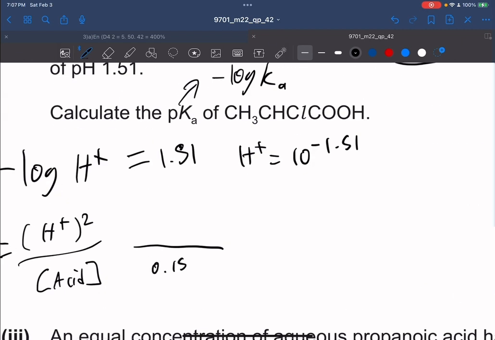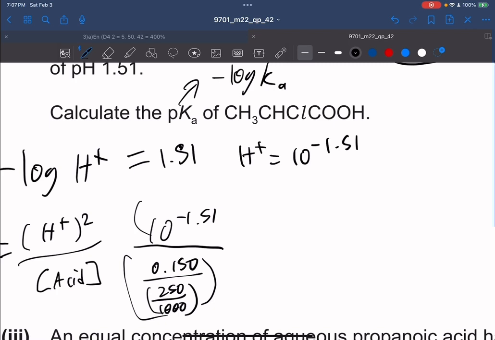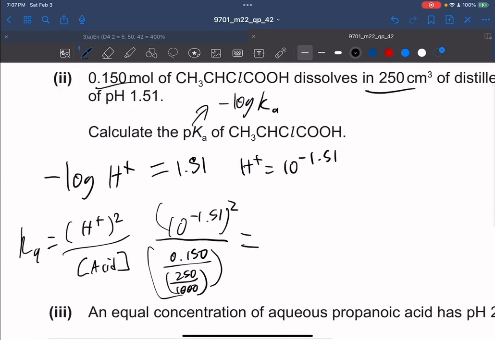So 0.150 over 250 over 1000, times 10 to the minus 1.51 squared. So it's going to be... I'm going to plug that into the calculator. 0.150... oh, hold on.